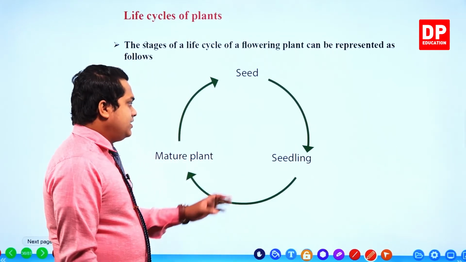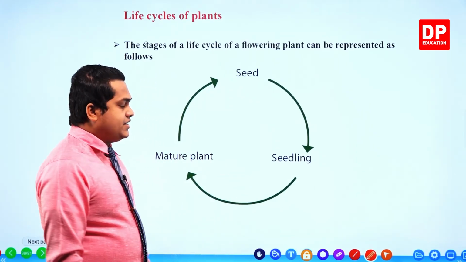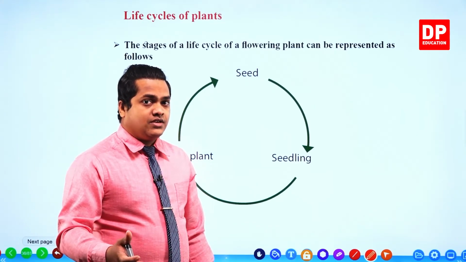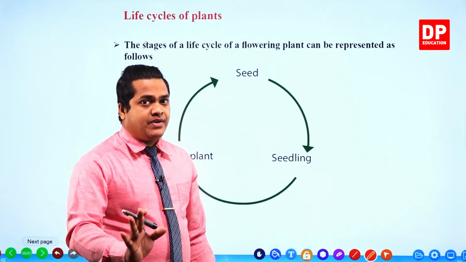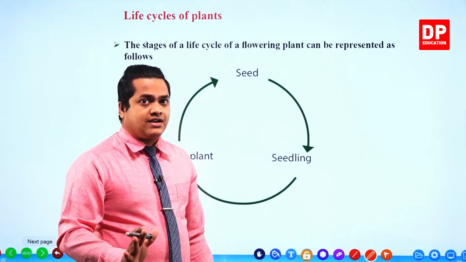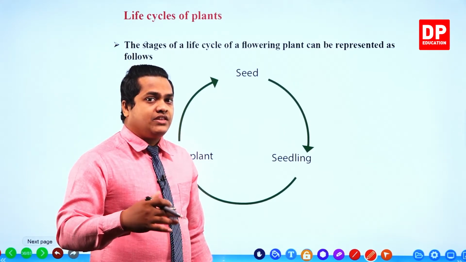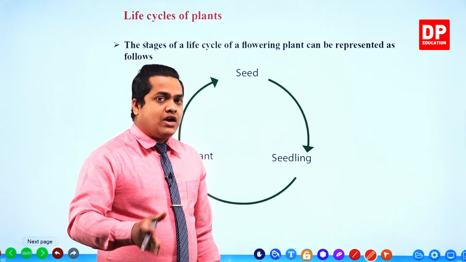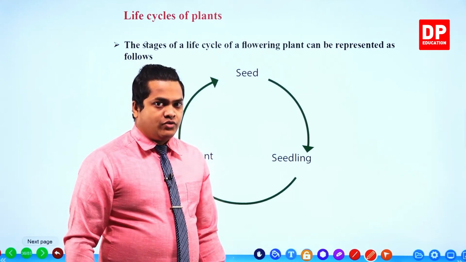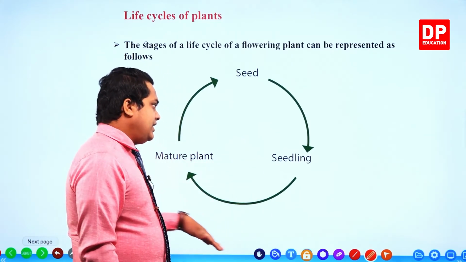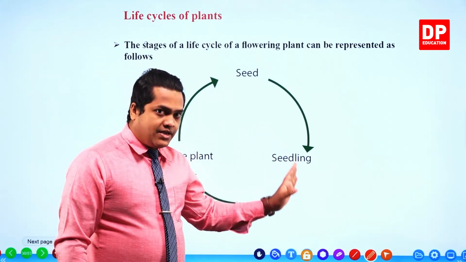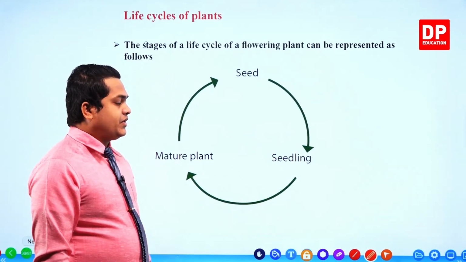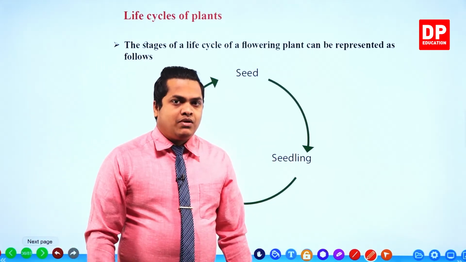Then after several days, months or years, for each plant that may change, my dear children. I can't exactly say which one goes with days, which one with months, which one with years. From plant to plant, the time period is going to change. So after some time, the seedling is now getting converted into a mature plant.